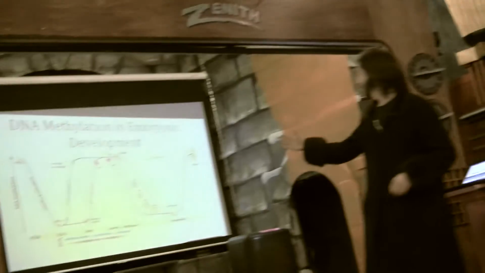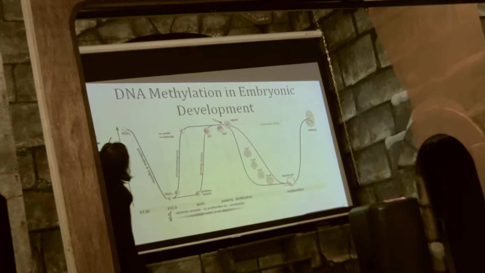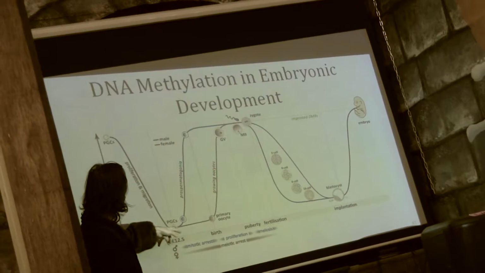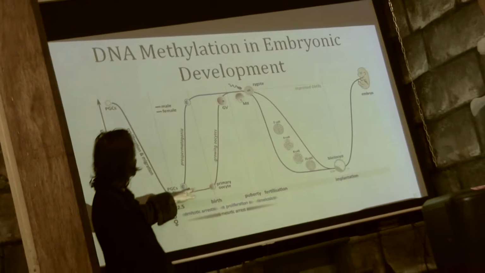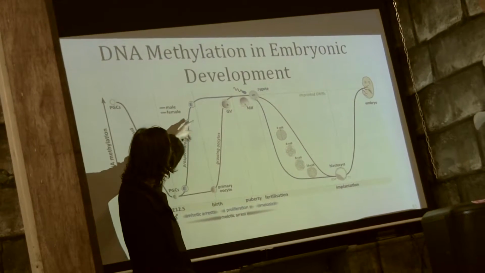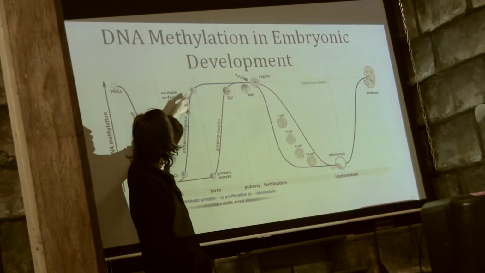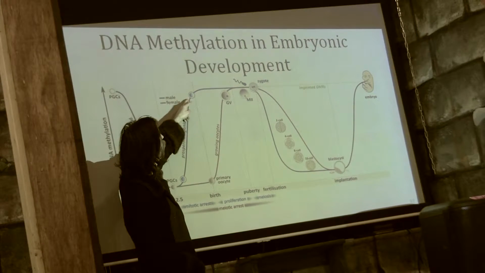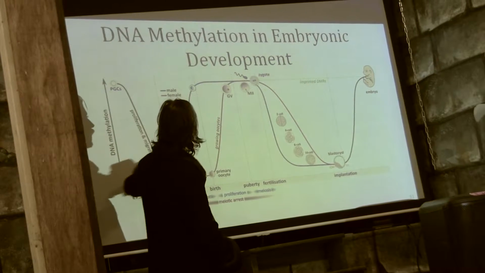So during embryonic development, the egg gets released, hangs out, gets completely demethylated. All of it just gets stripped away. Then during mitotic rest, I don't remember cell cycle well, I don't know what that means. It gets de novo remethylated. Oh wait, I'm sorry, that's the sperm.